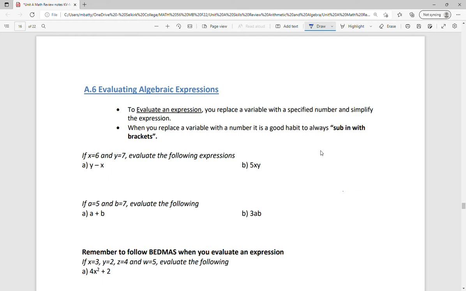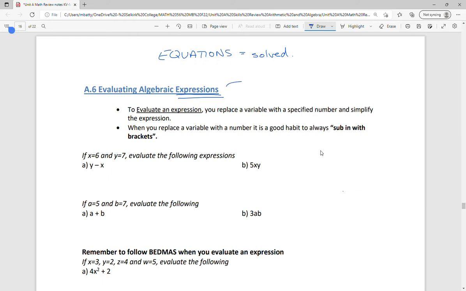In our algebra bit of Unit A, we're going to be evaluating algebraic expressions. We talked about what expressions were, and that they are not equations. Equations, with an equal sign, can be solved.